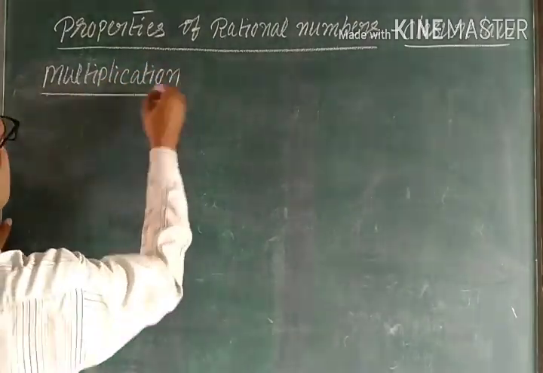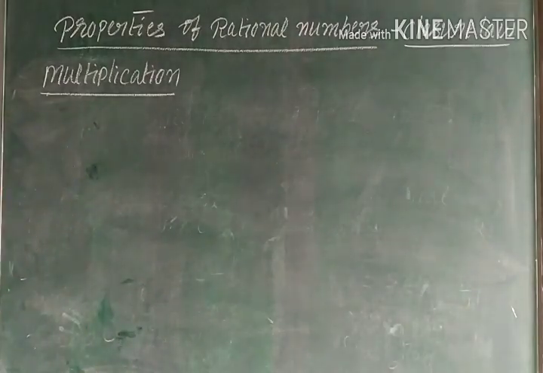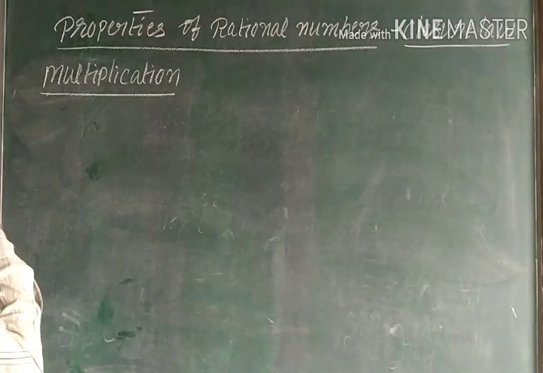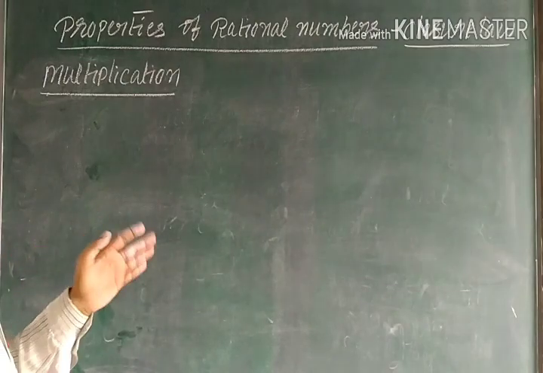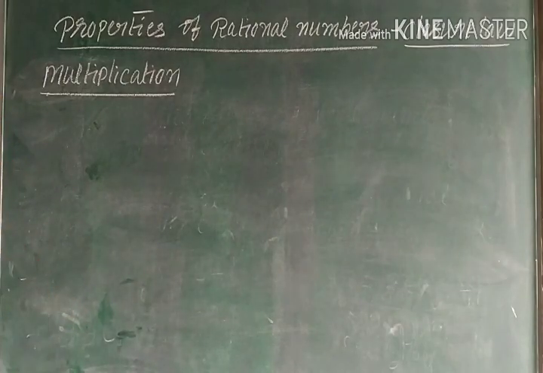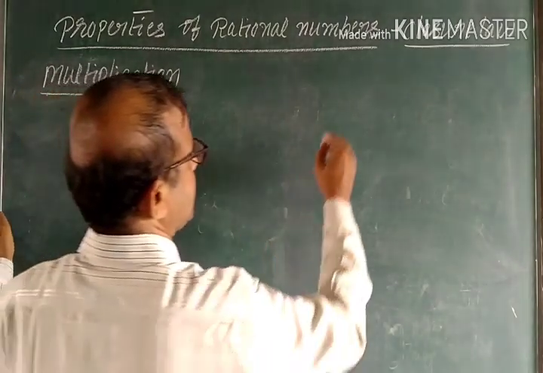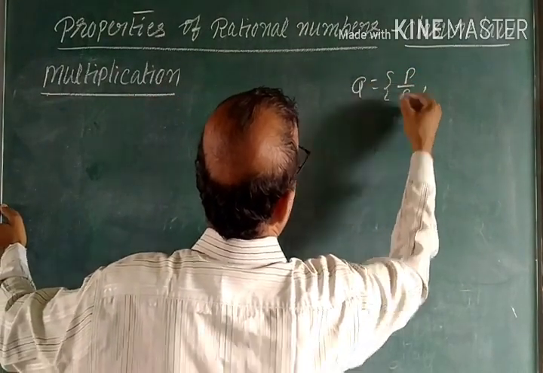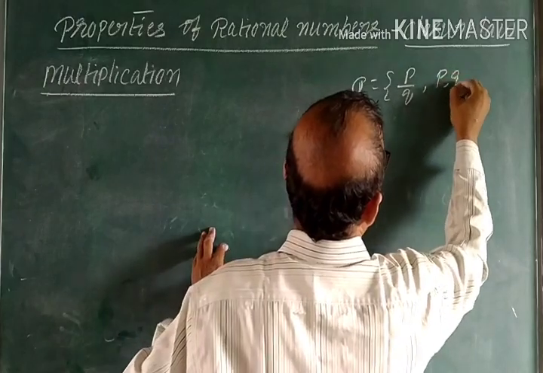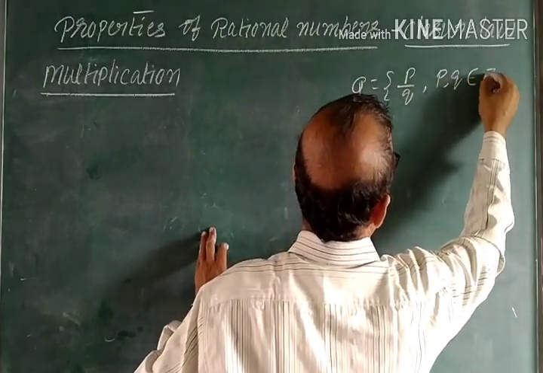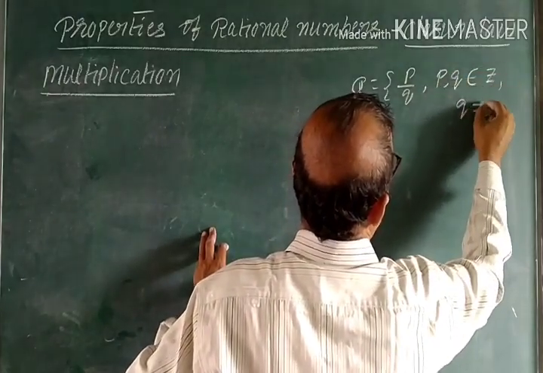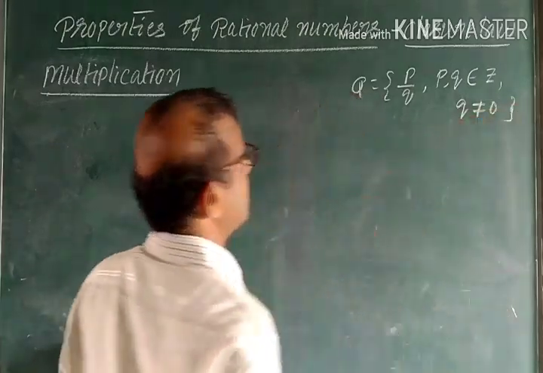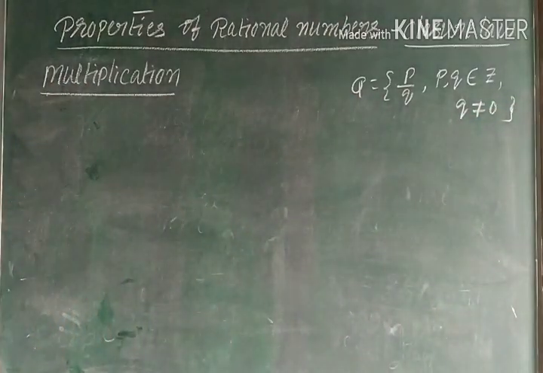So for multiplication, let's take two numbers from the set of rational numbers, because you know rational numbers, that is Q equals the set of p by q, where p comma q belongs to Z and q is not equal to 0. This is the definition of a rational number.